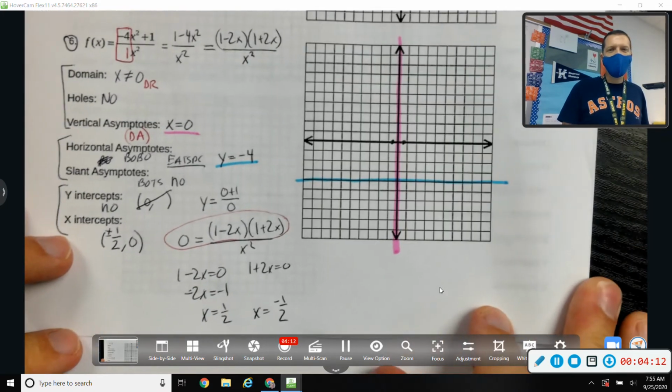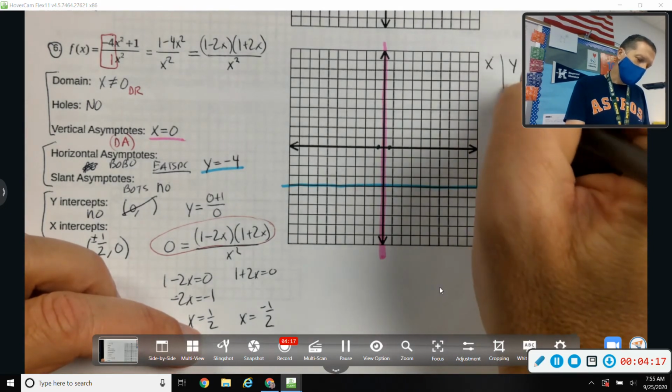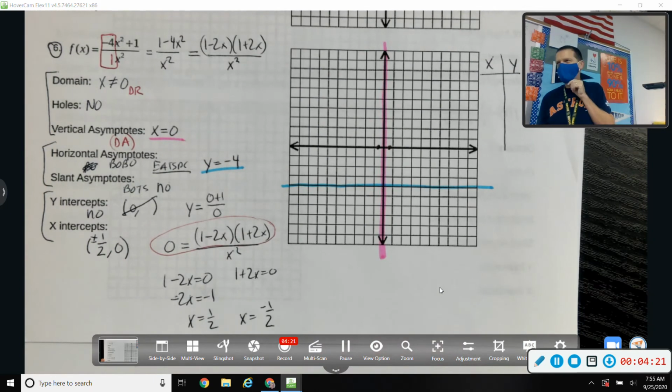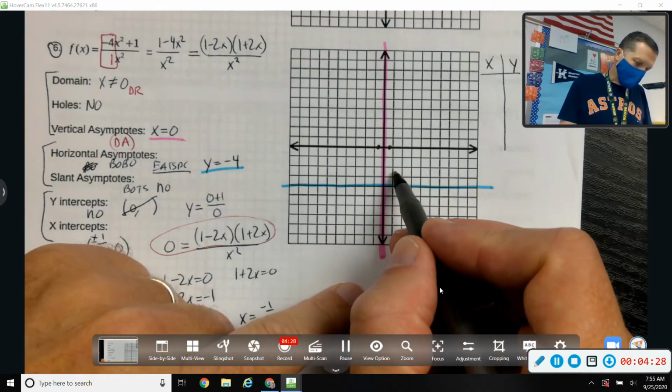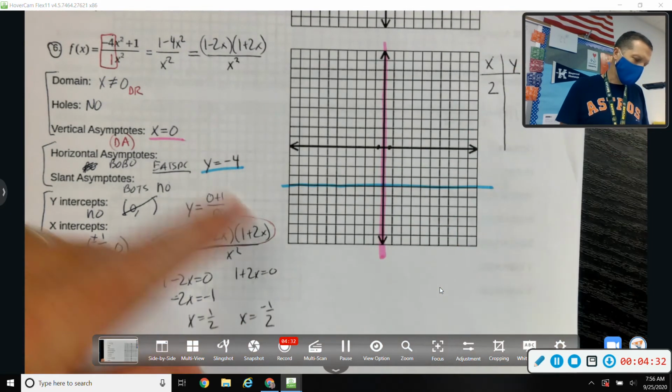We haven't done very many that look like that. Technically, I have enough because I got 1 point per branch, but that looks new and different. So I'm going to do a table of values to maybe confirm what I think is happening here. So I'm going to pick maybe not 1, maybe x equals 2. See what happens there.